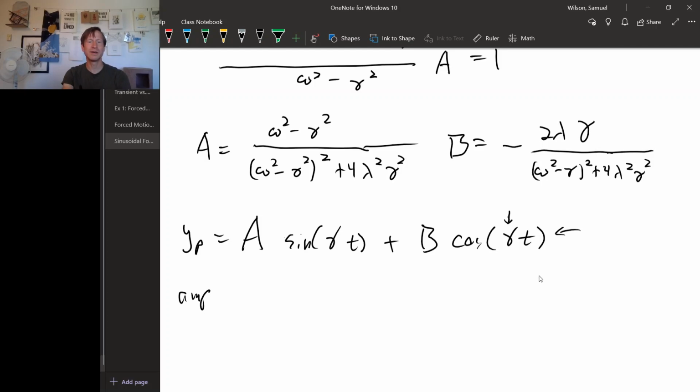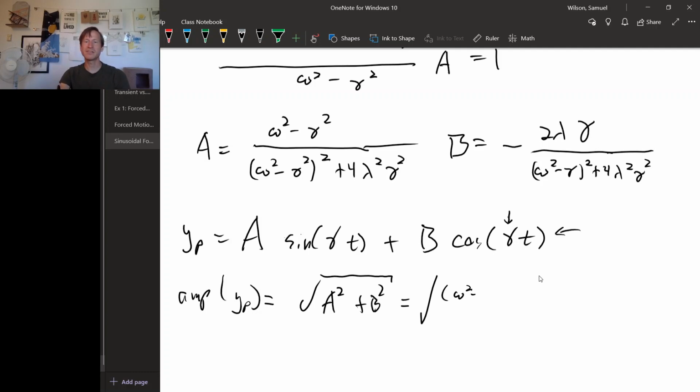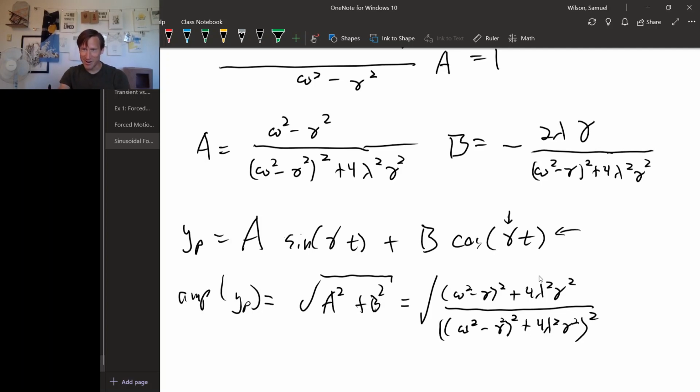The amplitude of y sub p, remember, is the square root of a squared plus b squared, which is going to be a real mess. So it's the square root of omega squared minus gamma squared squared plus 4 lambda squared gamma squared over omega squared minus gamma squared squared plus 4 lambda squared gamma squared, squared.